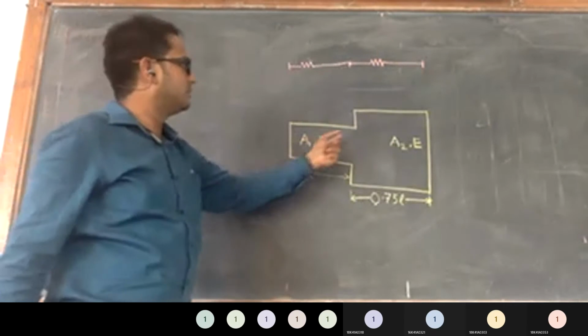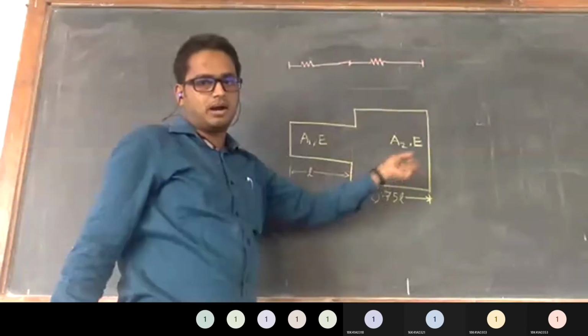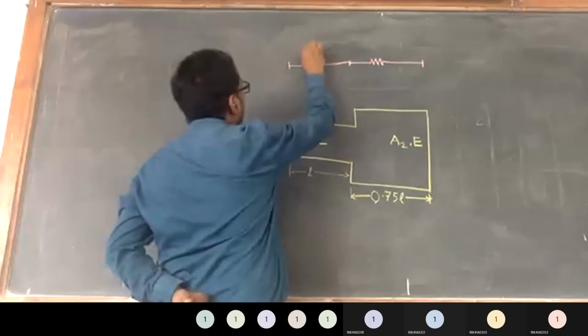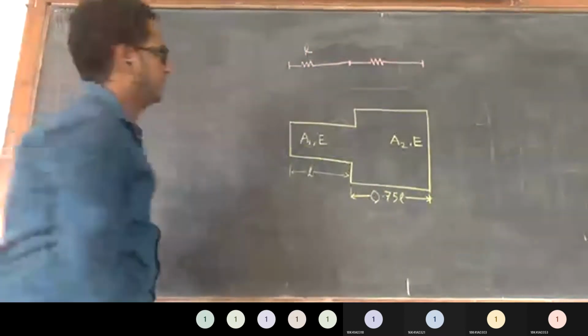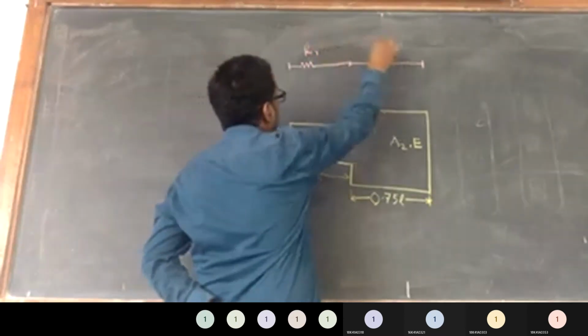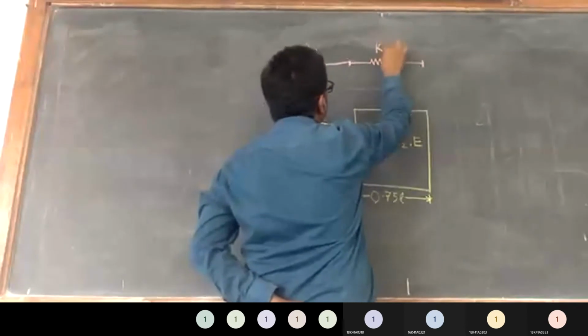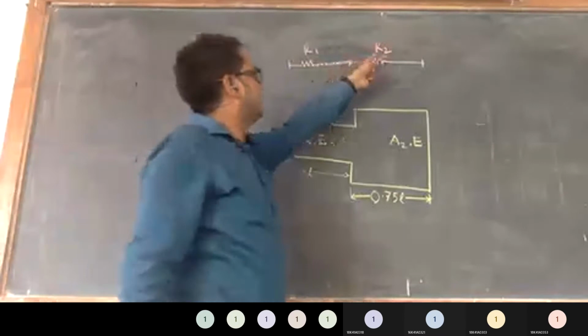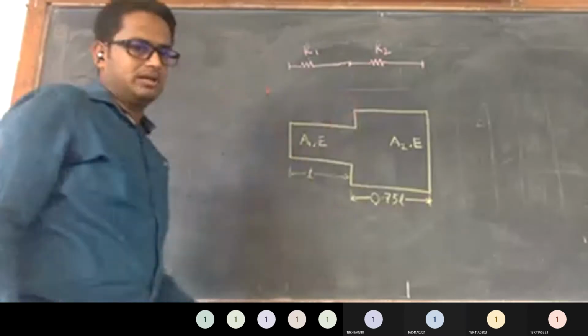The first spring is this element, the second spring is for this part. In the numerical K is given, so you can write K1 for this and K2 for this. What will be the value of K1 and K2? Who will tell me?